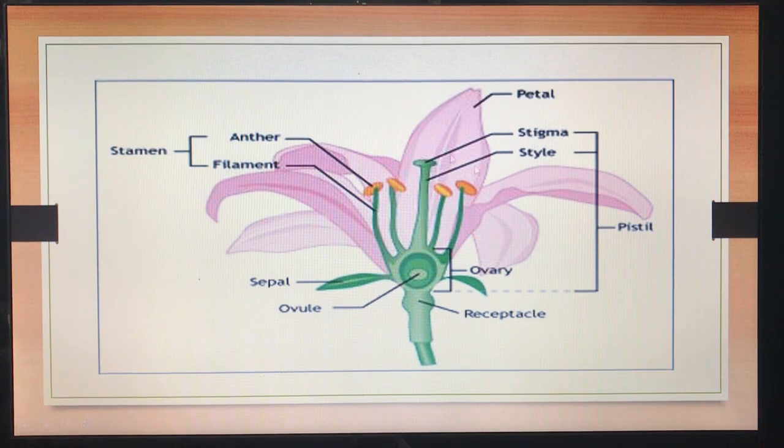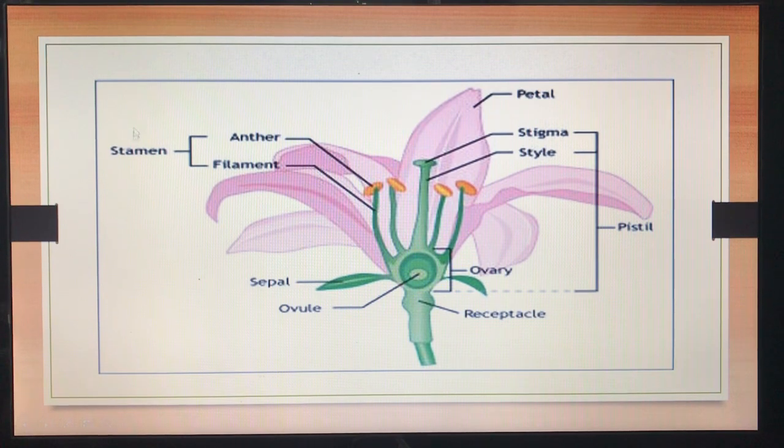As you observe a flower, there are different parts in it. First off is the petal. Petals are parts of the flower which are colorful, but some flowers are not colorful. And then we have the sepal, petal and sepal.